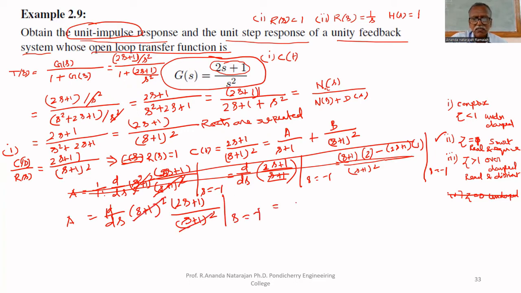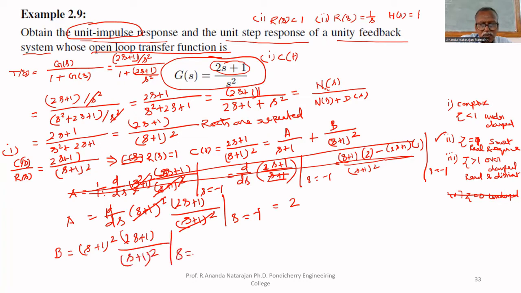If we differentiate this, we will get D equal to what? D equal to (s plus 1) whole square times (2s plus 1) upon (s plus 1) whole square at s equal to minus 1. These two get cancelled.